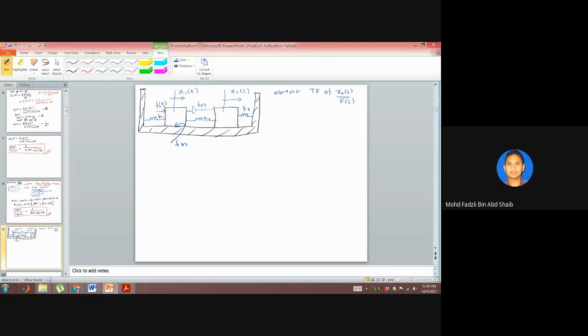If not, there is friction, and here they show the friction is FV1, and another friction is FV2. This is M1, this is M2.